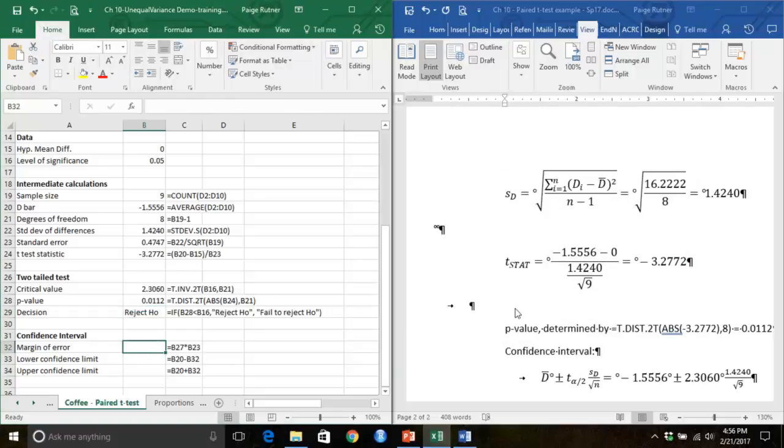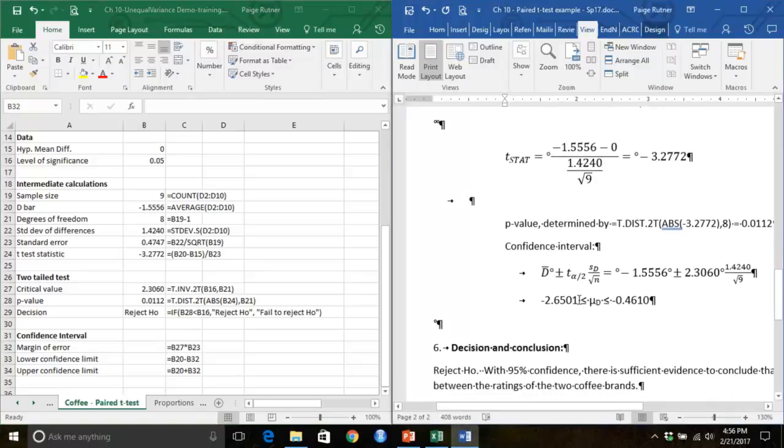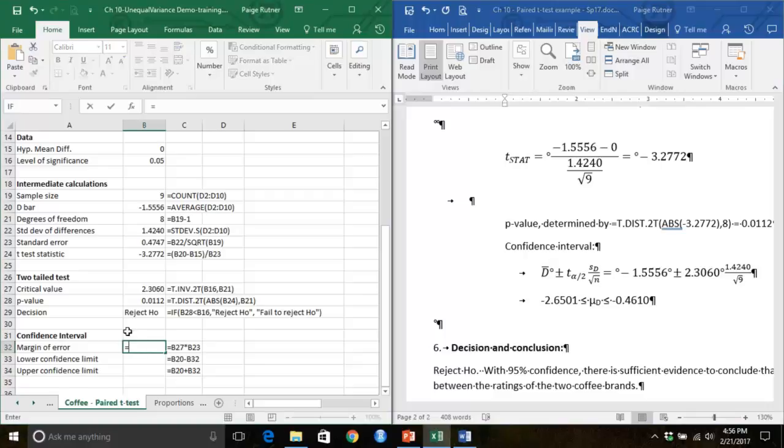And then let's go ahead and do one more computation here to confirm that the confidence interval leads us to the same decision. And so we'll compute our confidence interval by taking the point estimate d-bar, adding and subtracting a margin of error that we compute as the critical value of t times the standard error of the distribution. And so we've already computed the critical value of t.